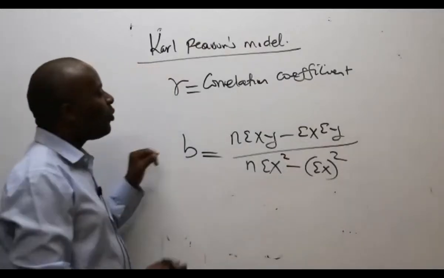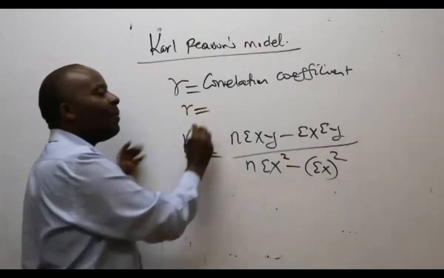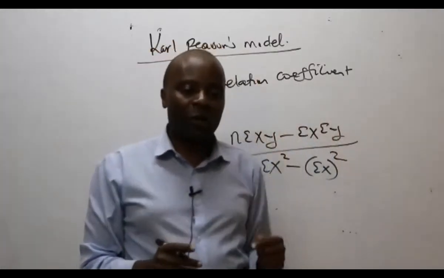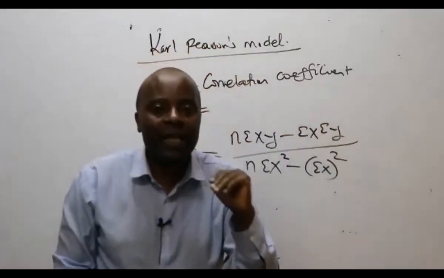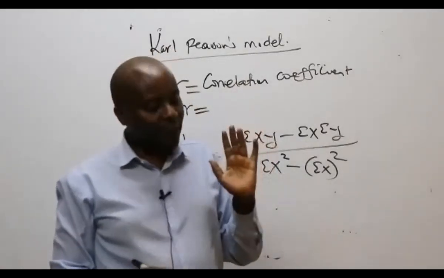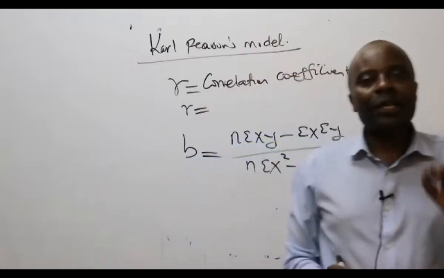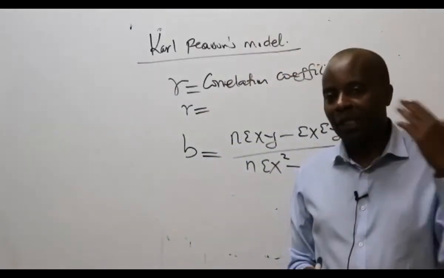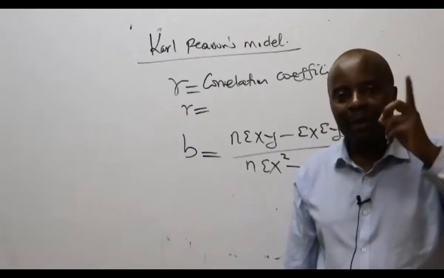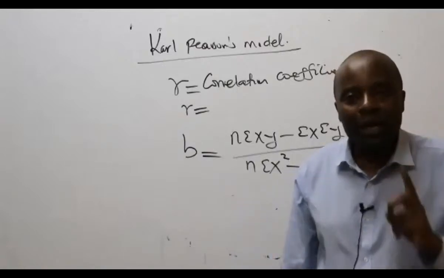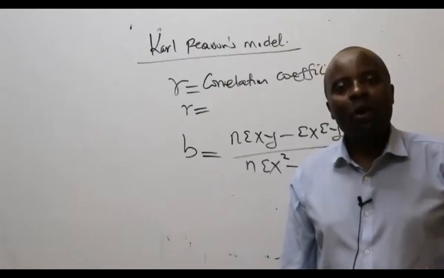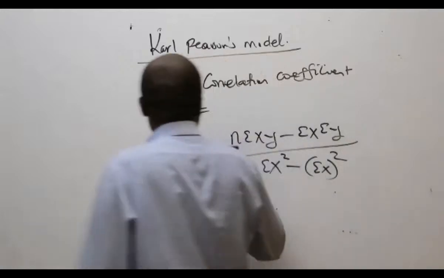When you tell me to give you the correlation coefficient, I may forget many things about these formulas, but one thing will never escape my memory: the numerator of R and the numerator of B are the same. So the numerators are the same.